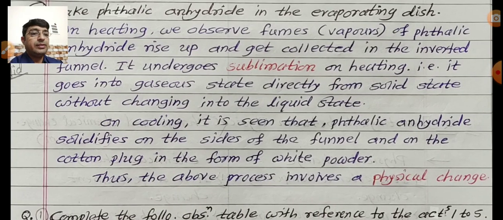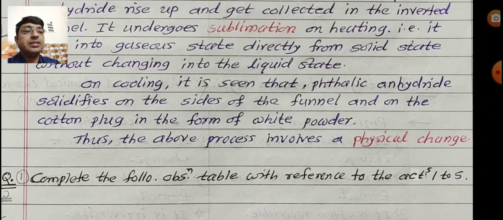On cooling, phthalic anhydride solidifies on the sides of the funnel and on the cotton plug in the form of white powder. Thus, the above process involves a physical change.